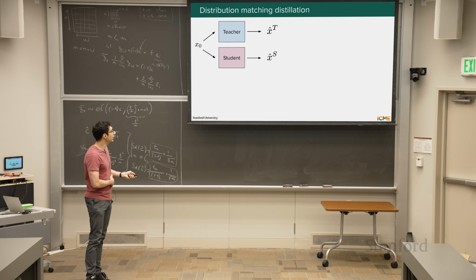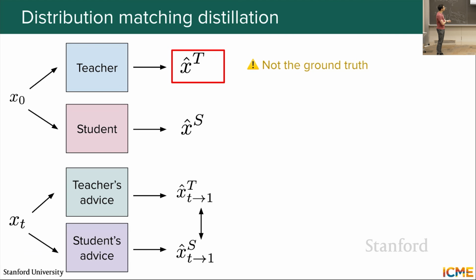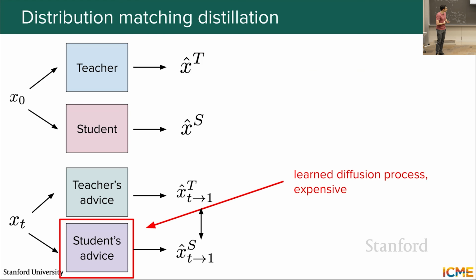Awesome. So moving on, I'm going to make a series of complaints that are very targeted, so you're going to see where I'm going. Here we're comparing things with respect to the teacher output, which is not the ground truth. And the student advice is actually a diffusion loop that you're running, which is quite expensive.